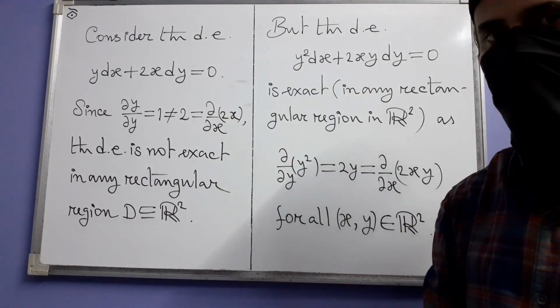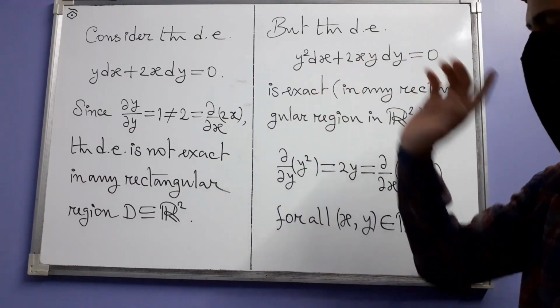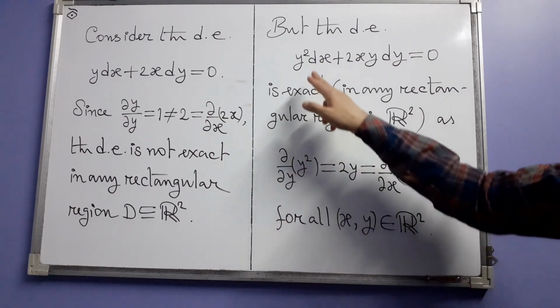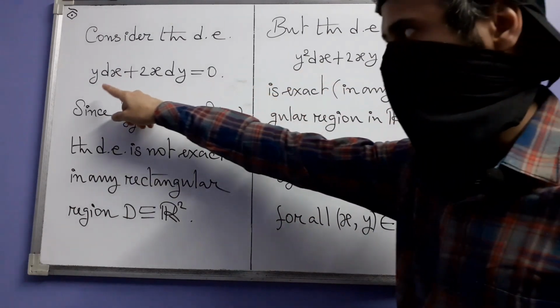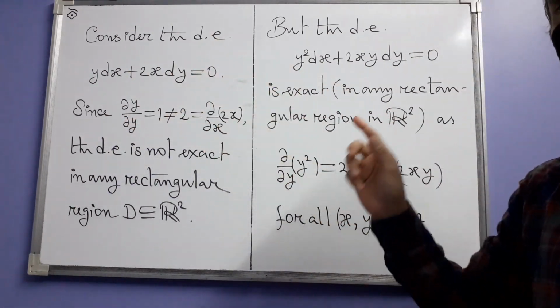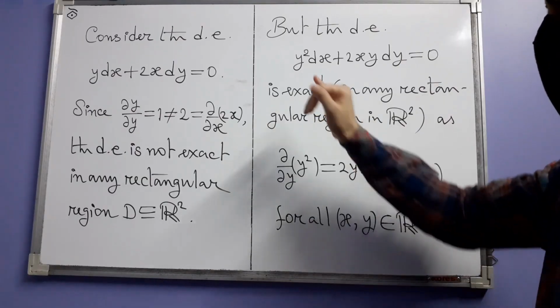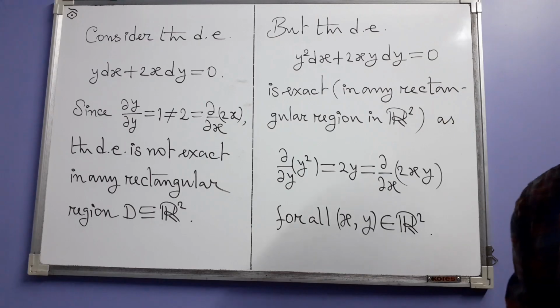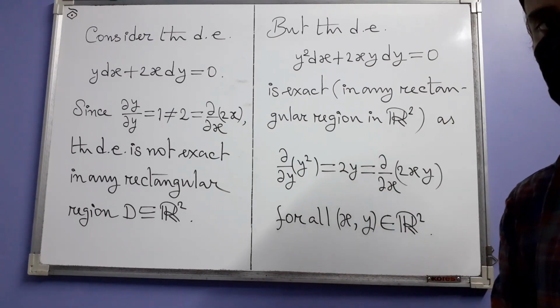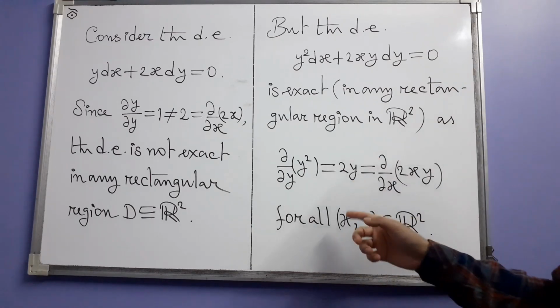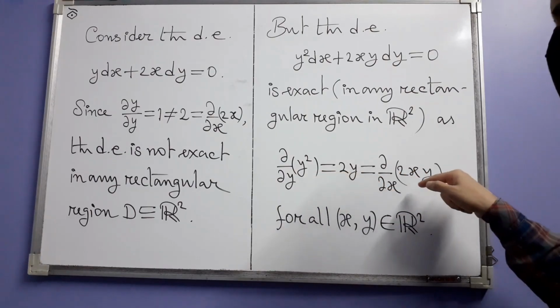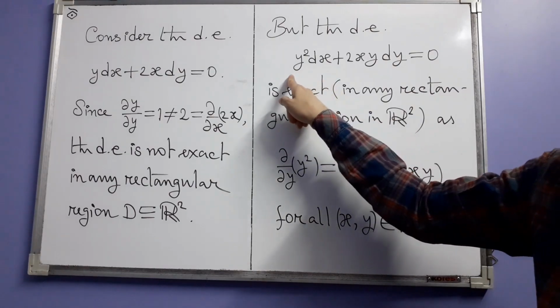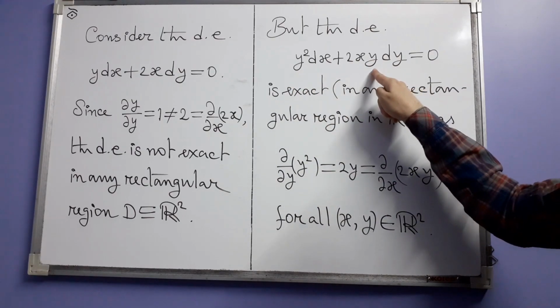rectangular region. But then we have this equation also, which actually is obtained from that one by multiplying both sides by y. So that way we get y square dx plus 2xy dy equal to 0. This one however is exact, because if you do the similar calculation here, M is y square and N is 2xy.